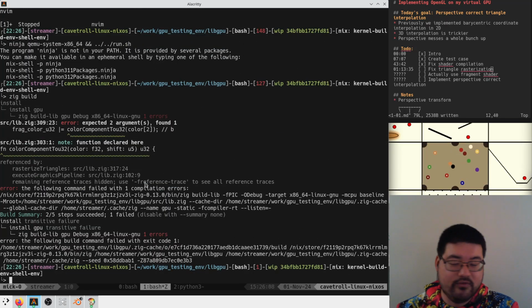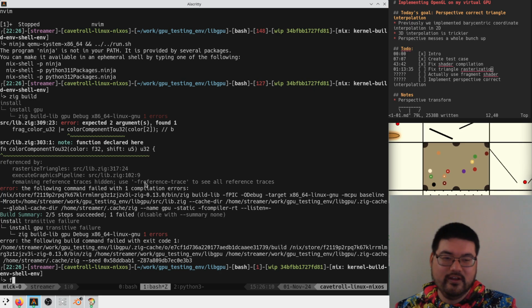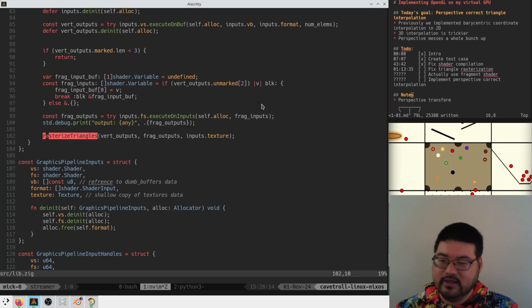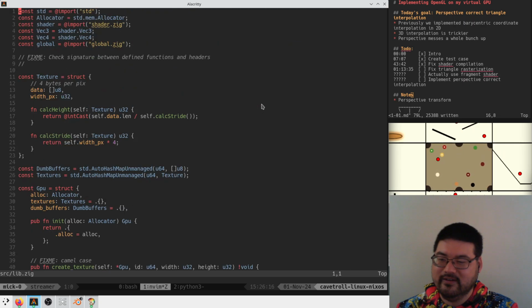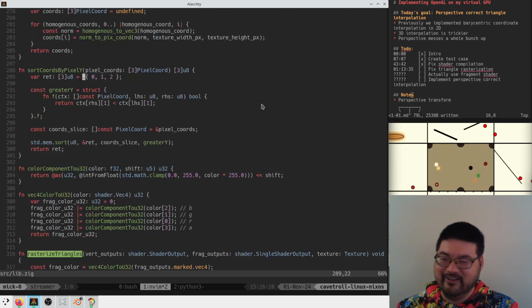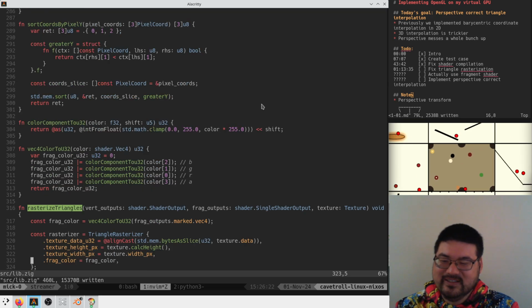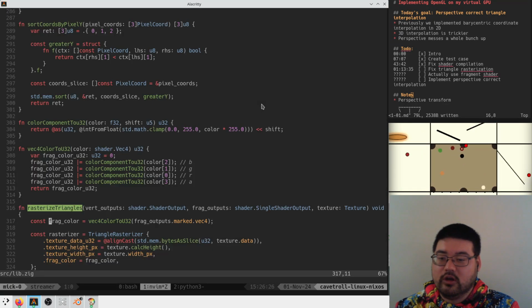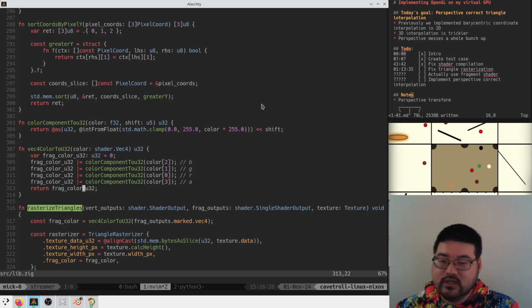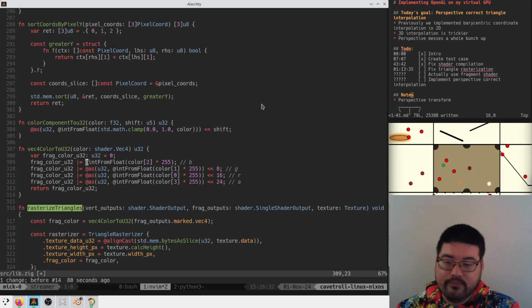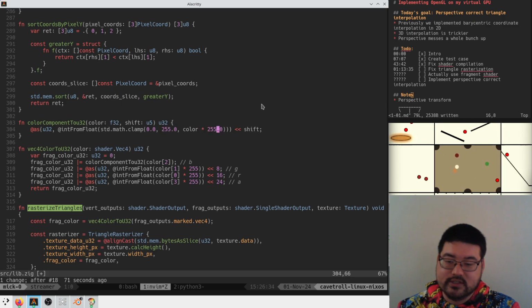I like the little ASCII graph in the doc comments. Oh, down here? Did I draw an ASCII graph somewhere? I might have somewhere. I don't know. Okay. He's mad because expected 2 arguments. Right, because we do need to pass in the shift here. So our shifts were 0, 8, 16, 24.